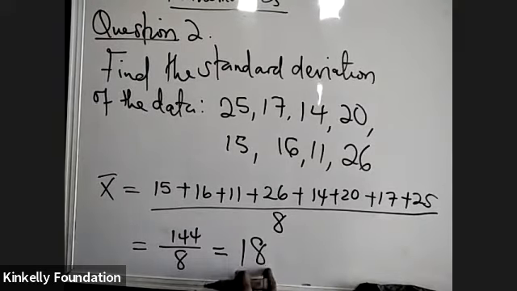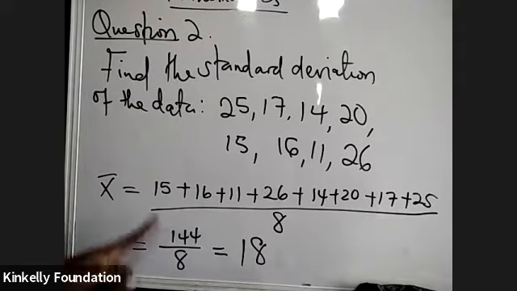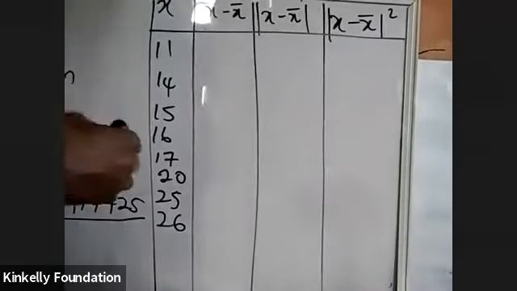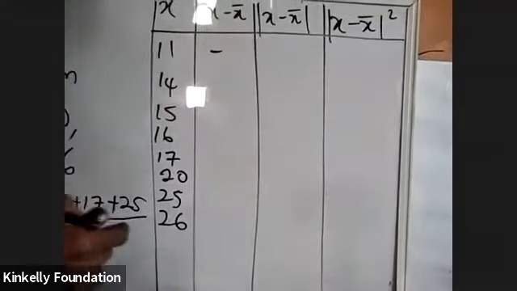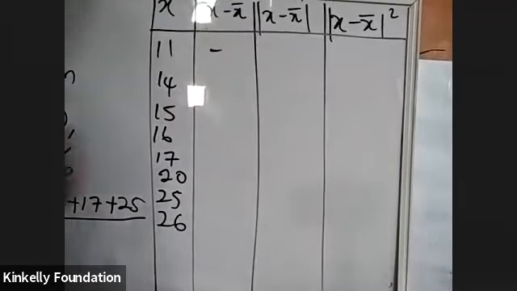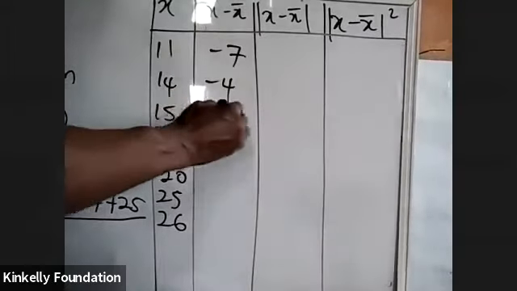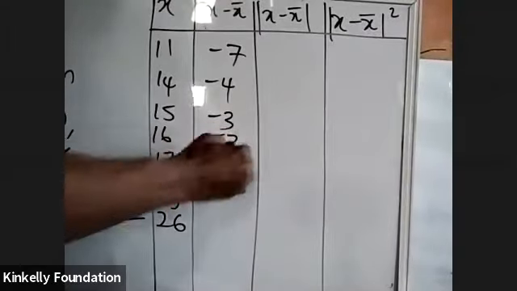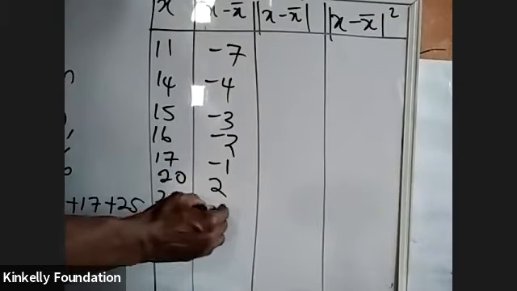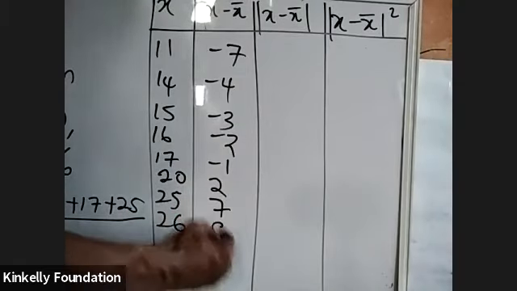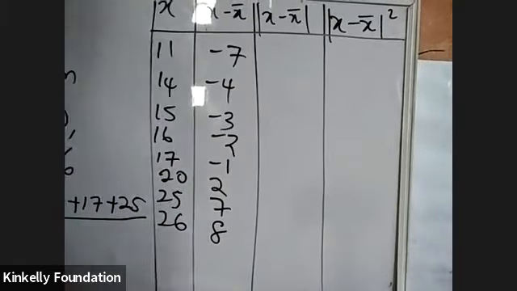Now let us get the deviation from each of these data points. Since our mean is 18, we have minus 3, minus 2, minus 7, minus 3, minus 4, 2, minus 1, 7.